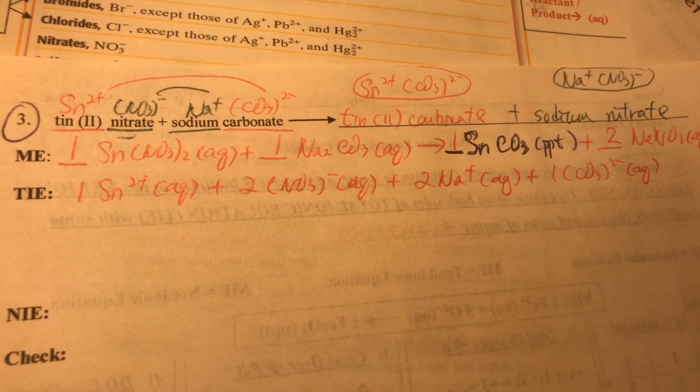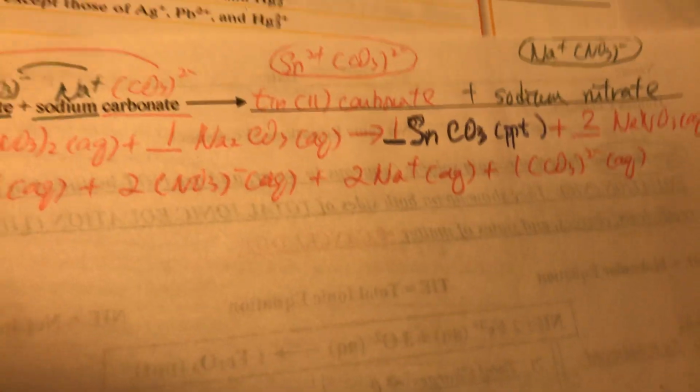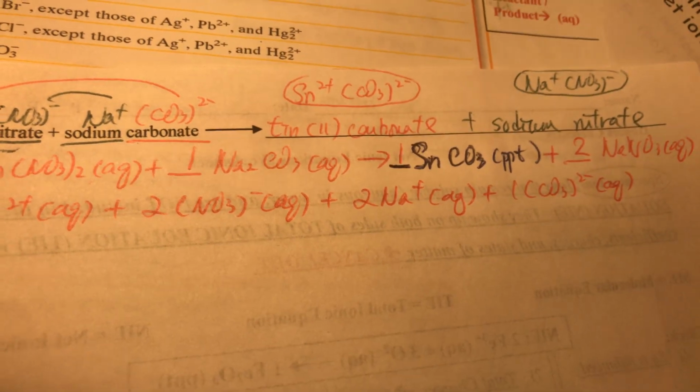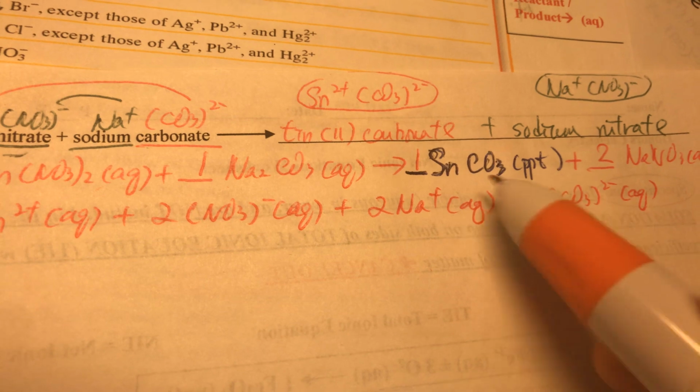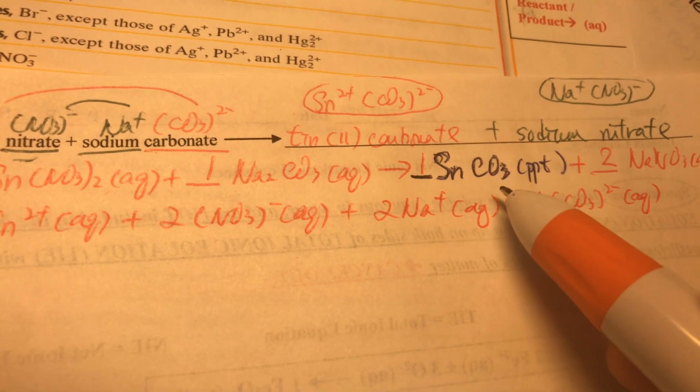So this is what happened on the left hand side, and then we go to the right hand side. Now this one is the PPT, so we can't touch it. We have to just copy it: 1 SnCO3 PPT using blue pen.